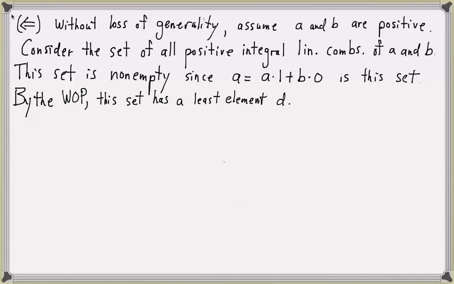The reason why I'm using d is because we'll see in a minute that this smallest element is actually the greatest common divisor of a and b. So d is a positive integral linear combination of a and b, so I can write d equals a times some integer, I'm going to call it x0, plus b times some integer y0.